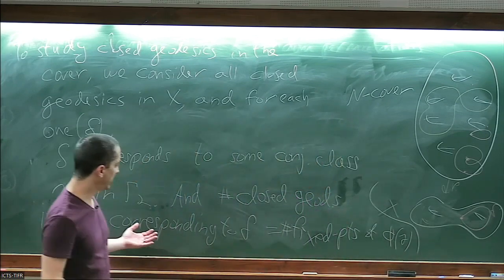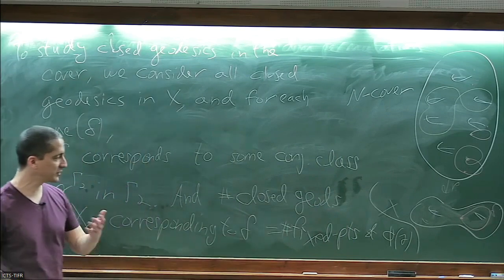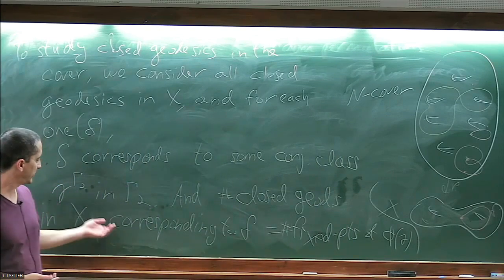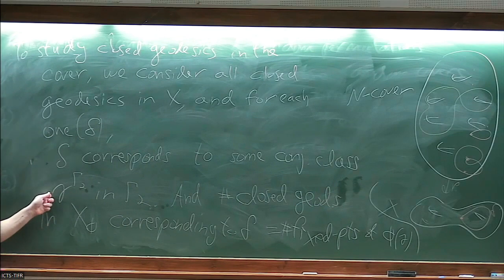Again, because the number of fixed points is invariant under conjugation in Sn. So it doesn't matter which gamma I take from this conjugacy class, the number of fixed points is the same, right?